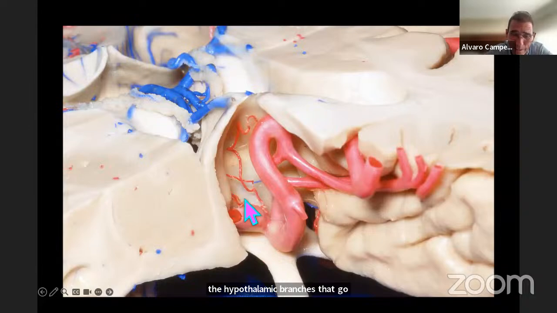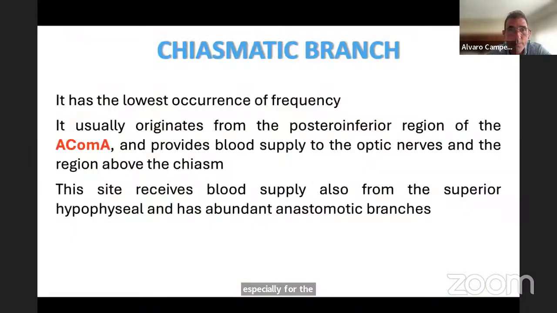So this branch we have to take care of when we are going to put a clip, especially for the posterior projection aneurysm.